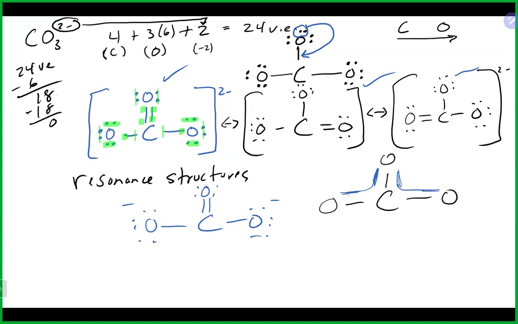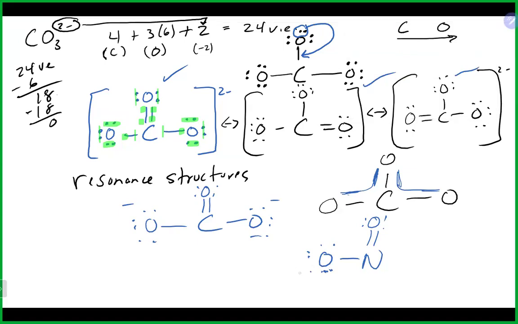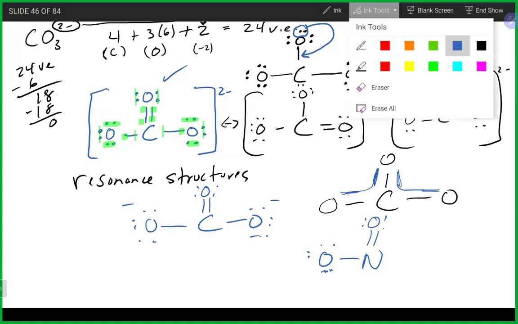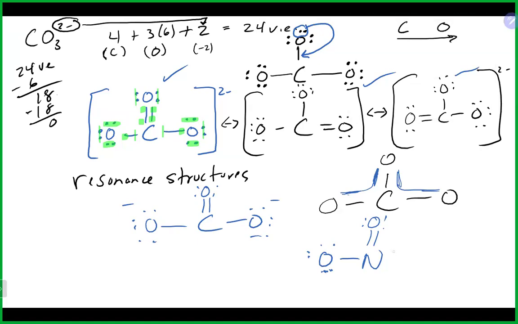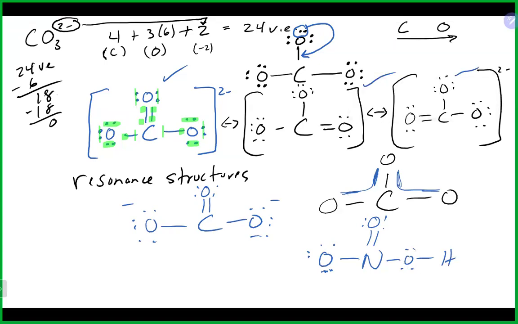But for example, we draw something like nitric acid. Oops, 2 dots there. Get rid of that 1 dot there. So if you draw something like this nitric acid, in this case, before you would have double bonded it, for example, it would have looked like that, basically single bonded.